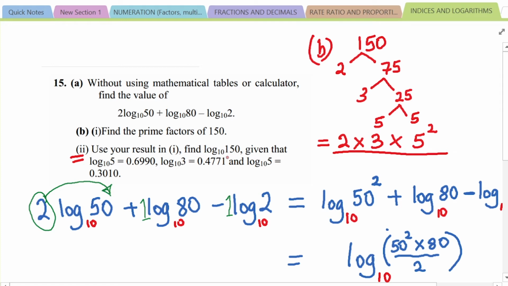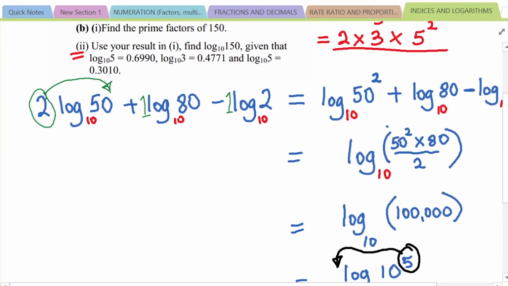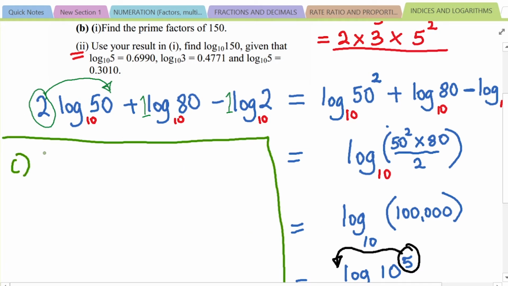So again, simplifying that number, I'm doing part C here. Because of space, I'll keep squeezing my work. So using your result in 1, they want us to find the log of 150 base 10.